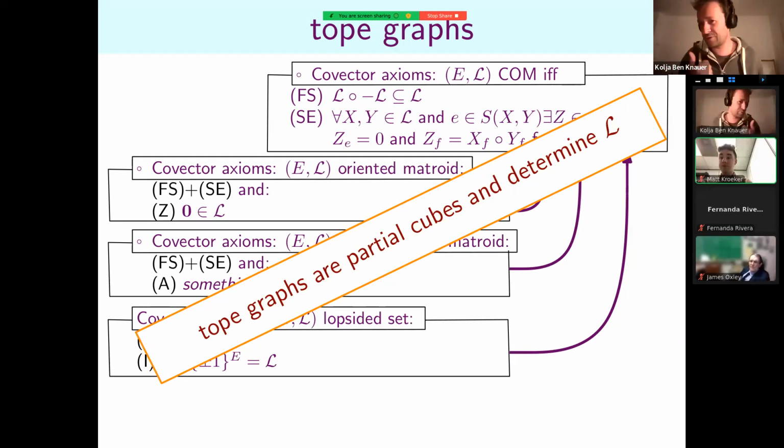I will tell you what this is in a second. And second, it uniquely determines, up to isomorphism, the set of covectors. So what I said at the very beginning is that it is interesting to study tope graphs because it's the same as studying the oriented matroids or the complexes of oriented matroids. It's just one way of encoding them.